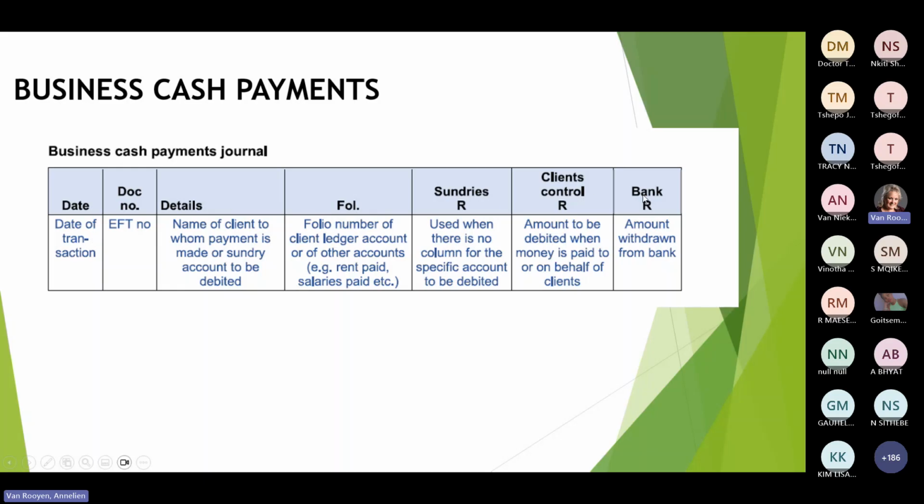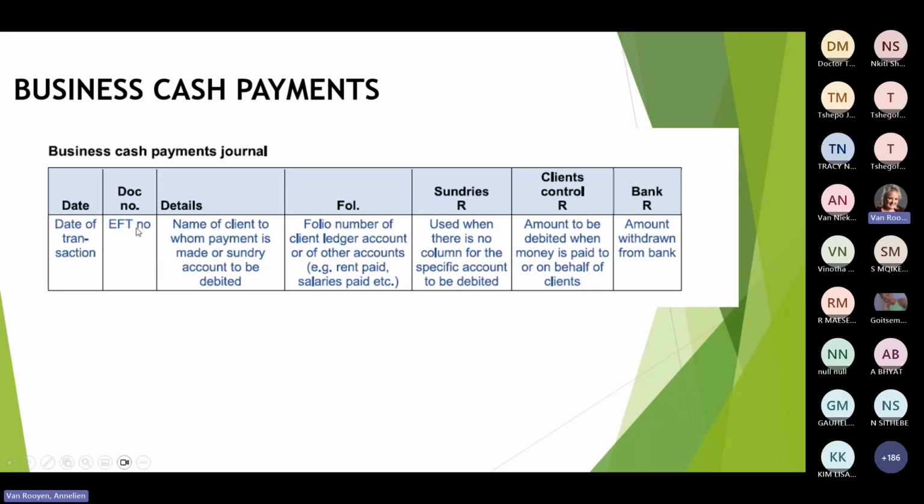How will you remember these? You have to learn them off by heart. The date the transaction took place, 1st of March, 10th of April, whatever, so that you can trace it back to your bank statement when you do the bank recon. Can you see where everything is now falling into place?